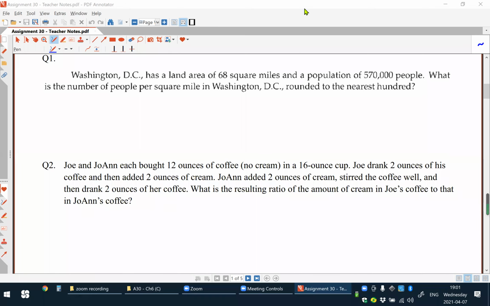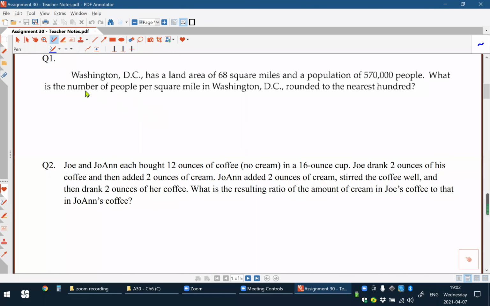Okay, for question 1, we want to find the number of people per square mile. So usually the unit here is our denominator.